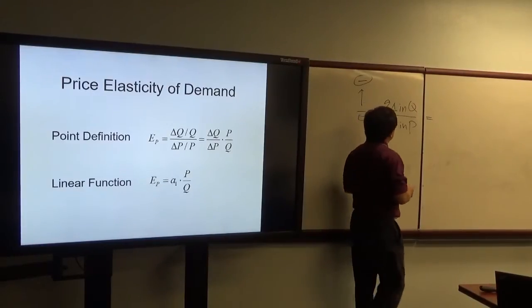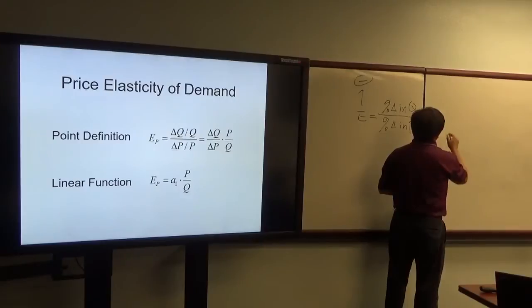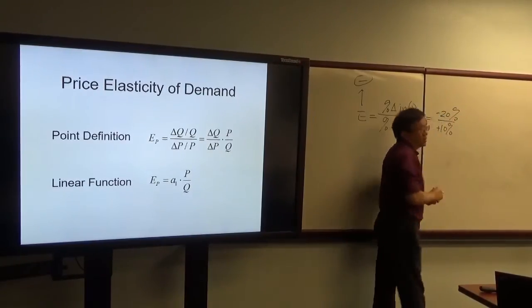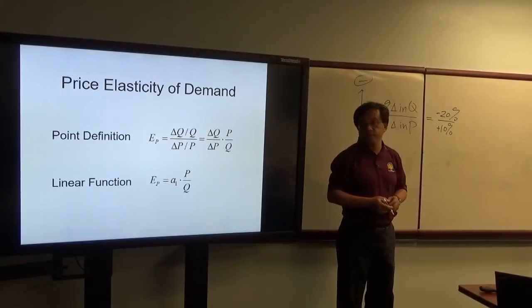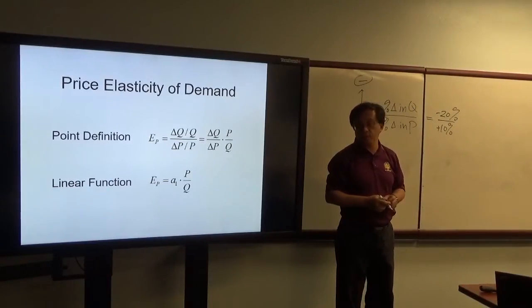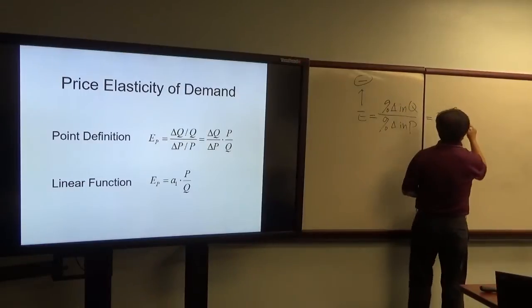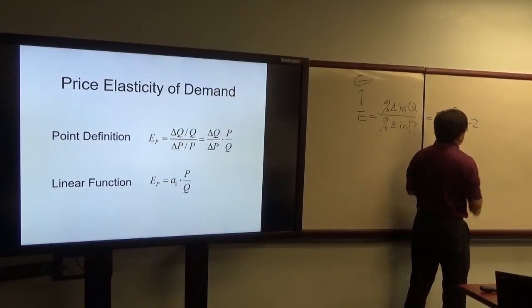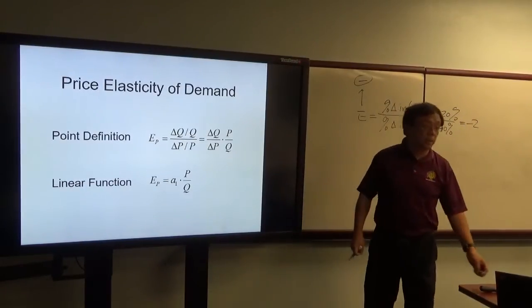Okay. So let me give you one example. If you increase the price by 10%, and the quantity demanded decreases by 20%. That's huge, right? So if we calculate the price elasticity of demand, it's equal to -2.